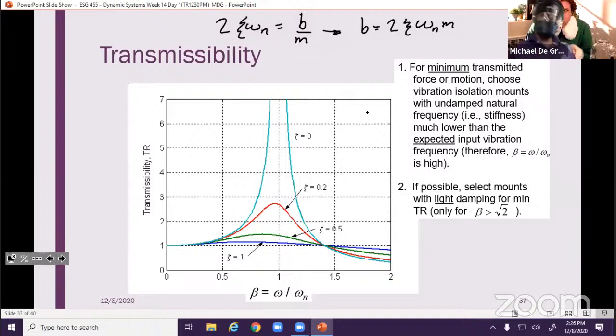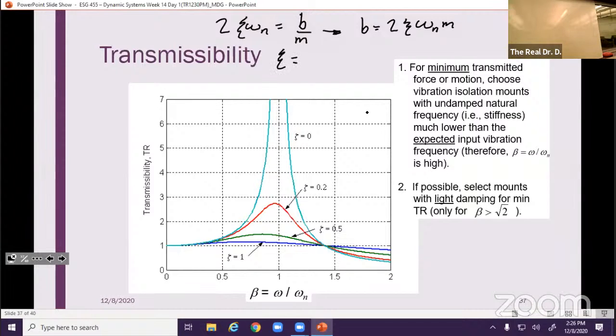So all of these physical parameters that we've been talking about, B, m and k for a mechanical system, they all tie in and they affect how our vibrations are transmitted, right? And in this case, let's solve this for zeta, just because.